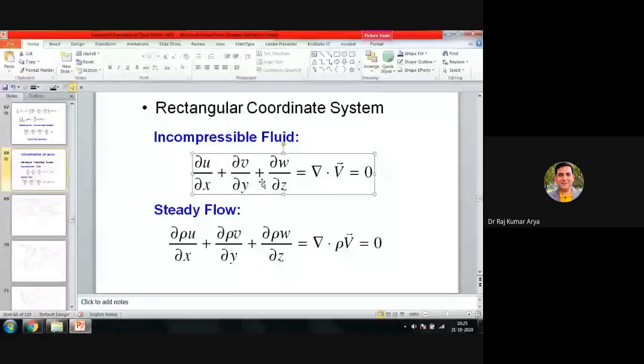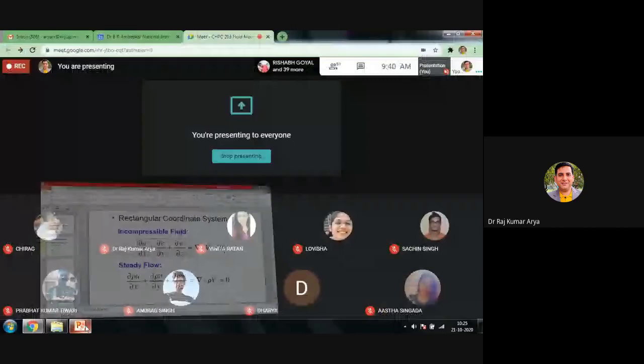Right? So you have del u upon del x plus del v upon del y plus del w upon del z, which can be rewritten as del dot V vector equal to 0. This is your continuity for incompressible fluid. So I can write the same thing for that also.